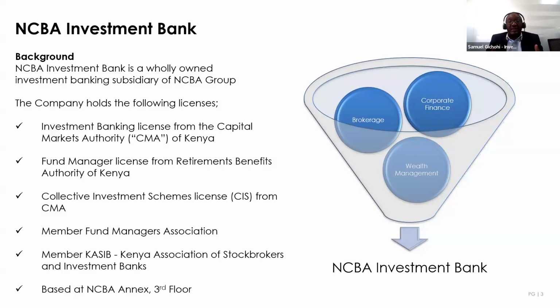Therefore, if you're intending to invest in the Kenya Pipeline IPO, you would need to have a brokerage account or a CDC account, which you can only do through a brokerage firm. And NCBA Investment Bank's brokerage arm is where we are going to give you access to this IPO. So that's NCBA Investment Bank.